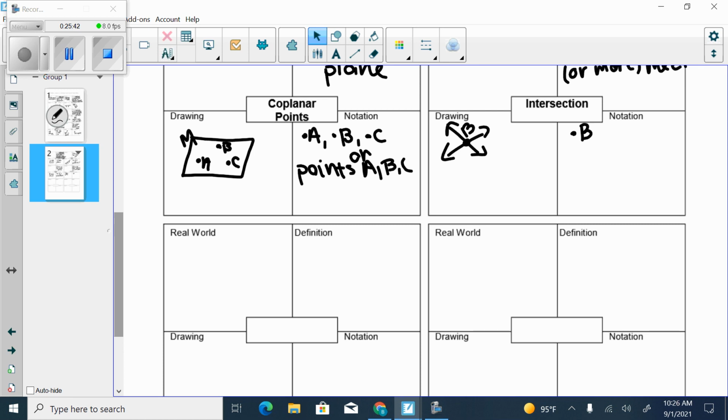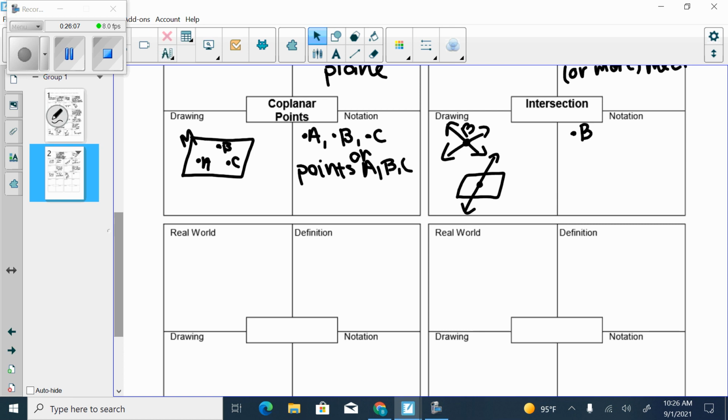Okay. You also could have maybe a plane that intersects with a line. Okay. We would also probably say that these are intersecting at whatever point this goes through.